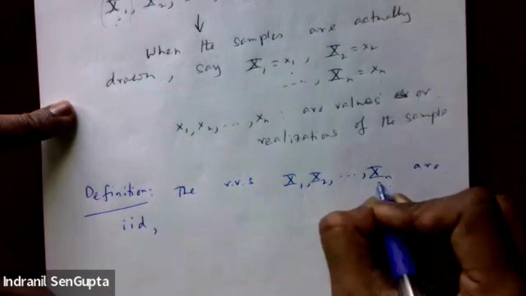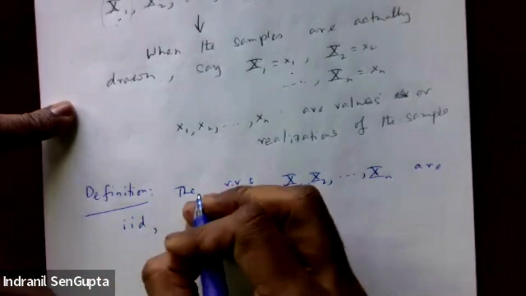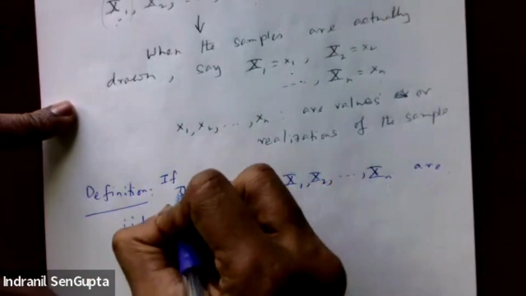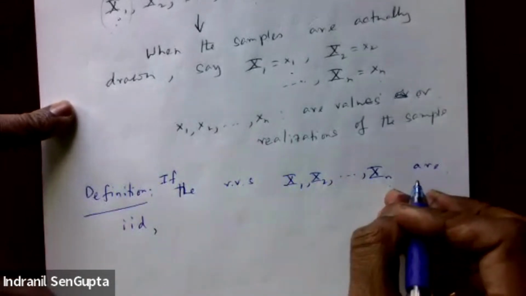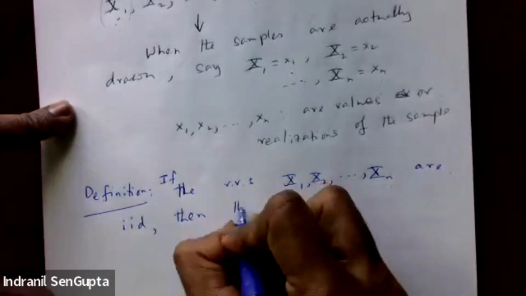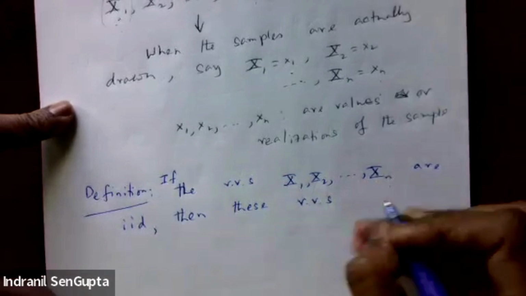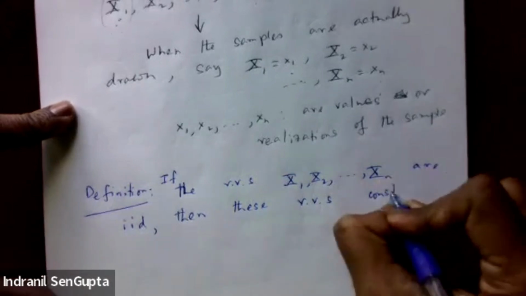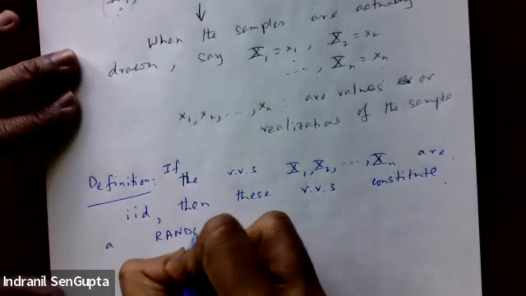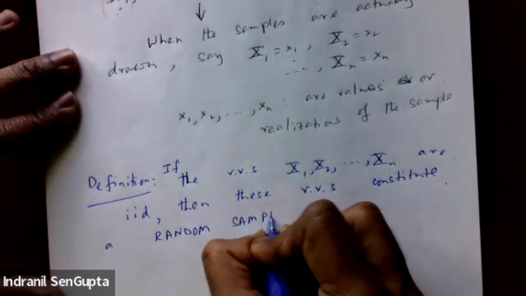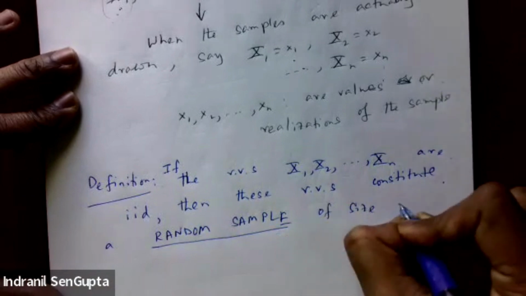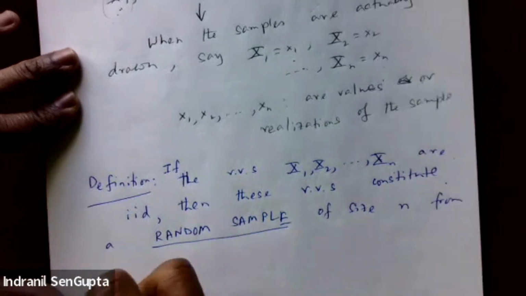If the random variables X1 all the way up to Xn are IID, then these random variables constitute a random sample of size n from a common distribution.